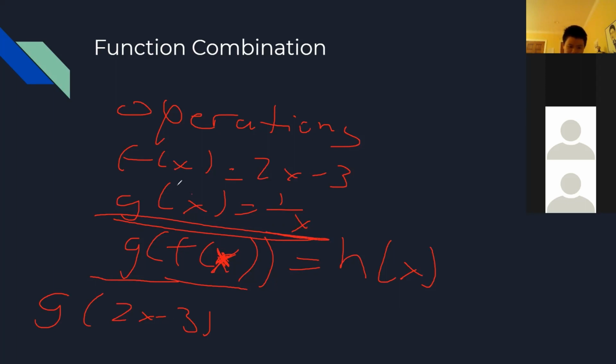A good way to see this is to treat this as a dummy variable. It's a substitute. So what we could do is just substitute this into this. I said that wrong.